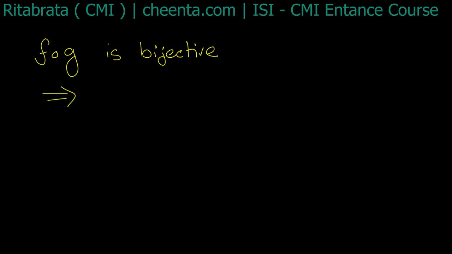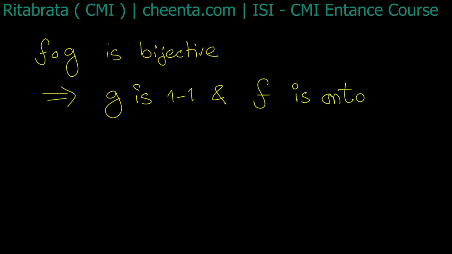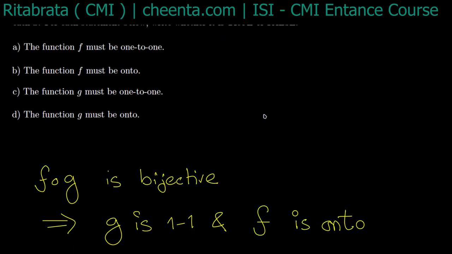Remember, for any two functions f and g, if f of g is bijective, that would imply g is 1-1 and f is onto. This must hold. Why?